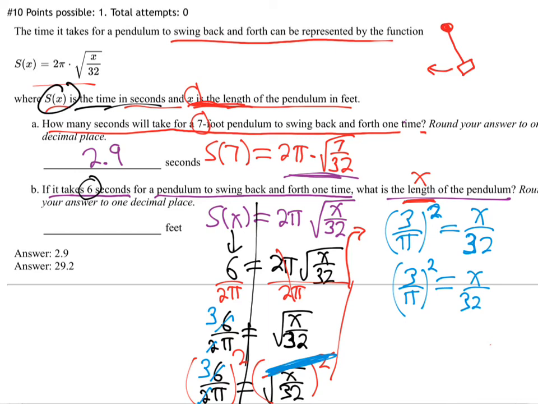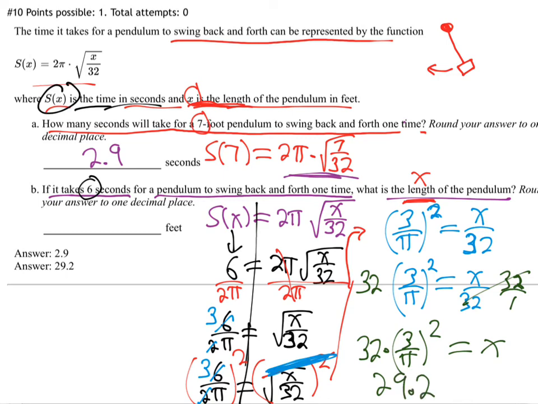Multiply by 32 over 1. 32. Both sides cancels out. X is 32 times 3 over pi squared. Hit the buttons on your calculator. You'll get 29.2. They want you to round to one decimal place. And there we go.